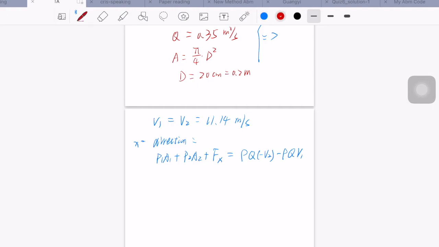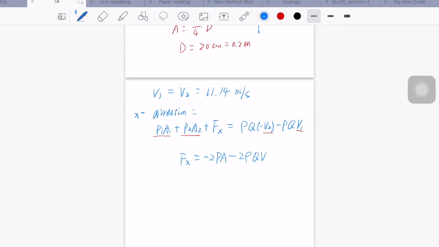Since from the problem P1 A1 equals P2 A2 and V1 equals V2, we can get that Fx should be equal to minus 2 PA minus 2 times rho times Q times V.